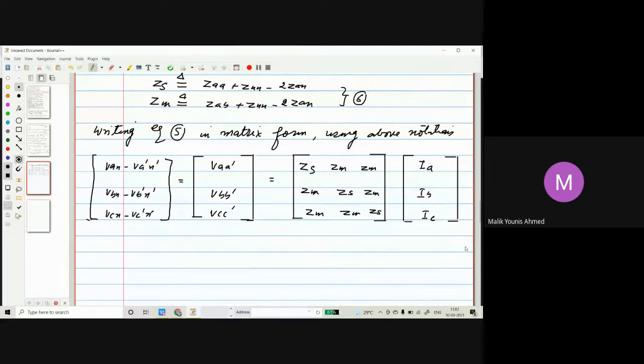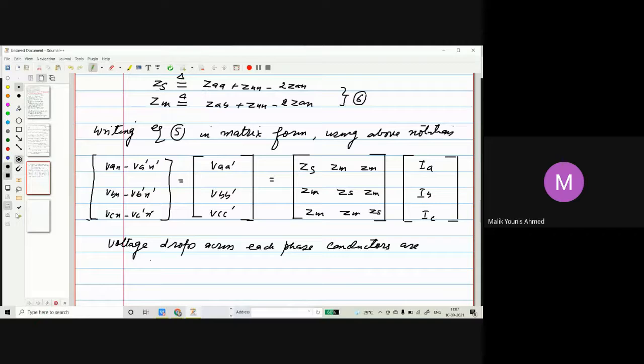Okay, so voltage drops across each phase conductors are, we have written that above. What are they?